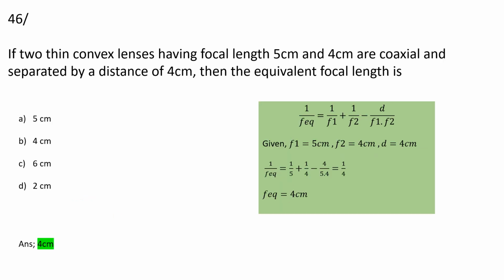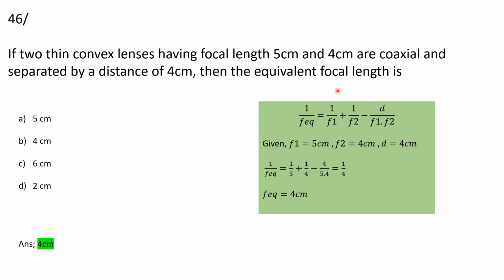Then, if two thin convex lenses having focal lengths 5 centimeter and 4 centimeter are coaxial and separated by a distance of 4 centimeter, then the equivalent focal length is.